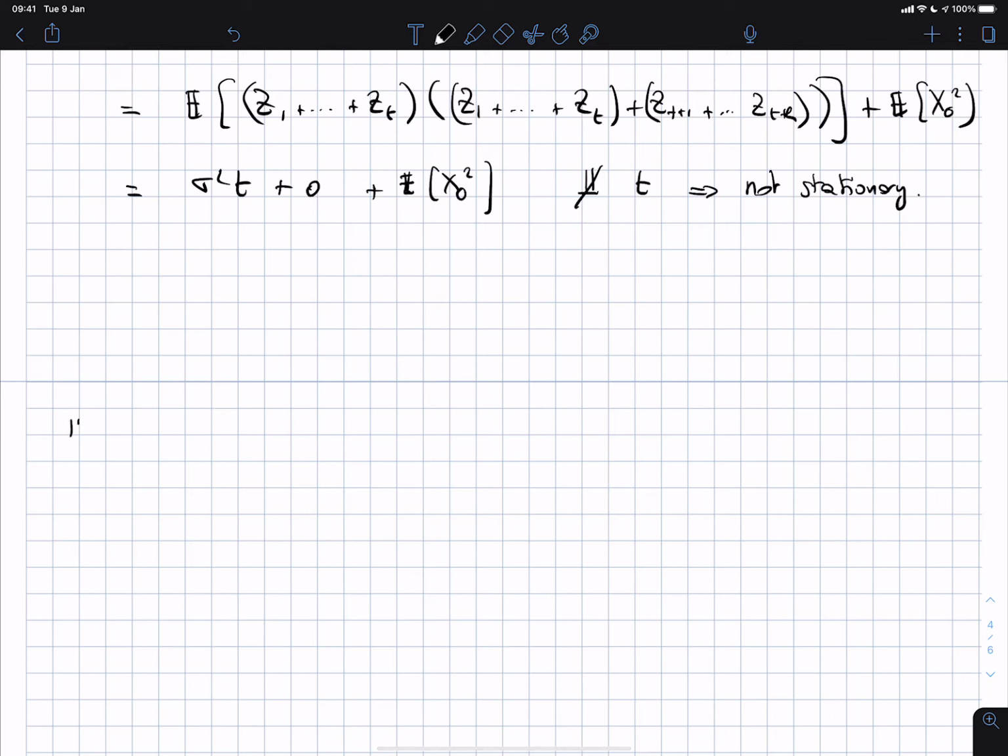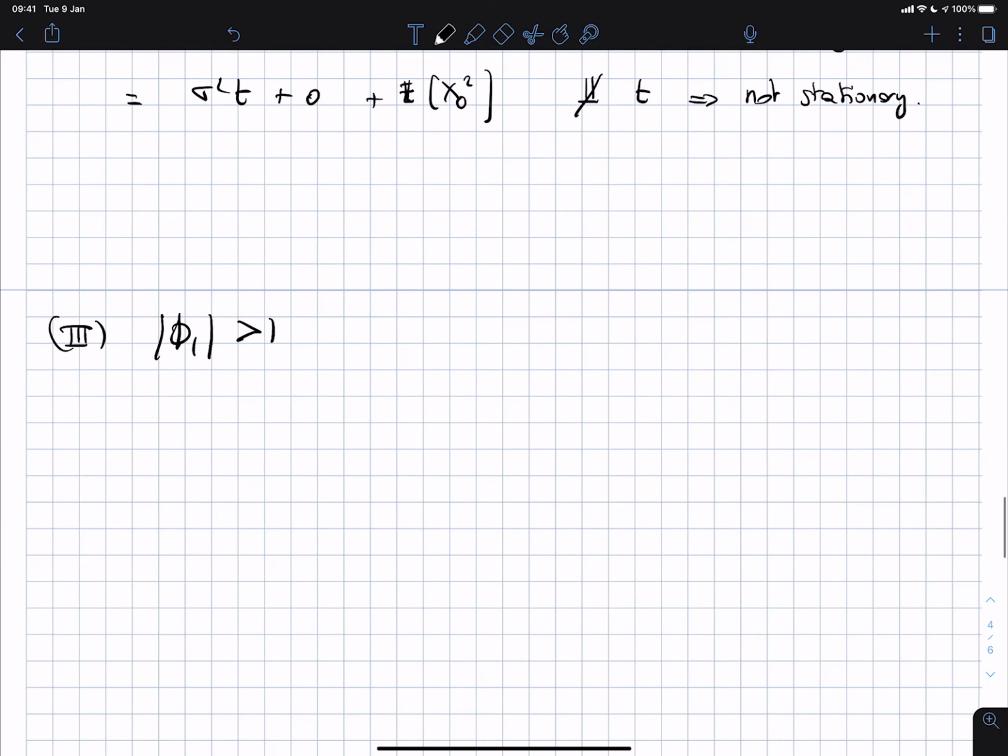Then the third case is the case where phi 1 is larger than 1. And this tells us that we could do the same thing as before, but we're going to have a problem, because xt will indeed be equal to this.